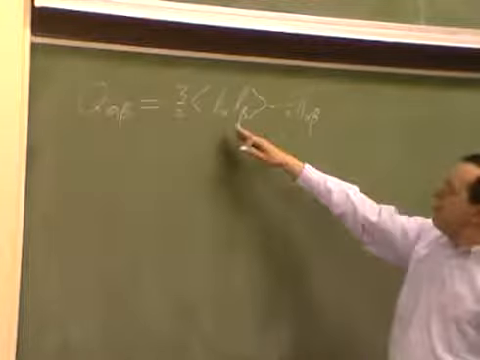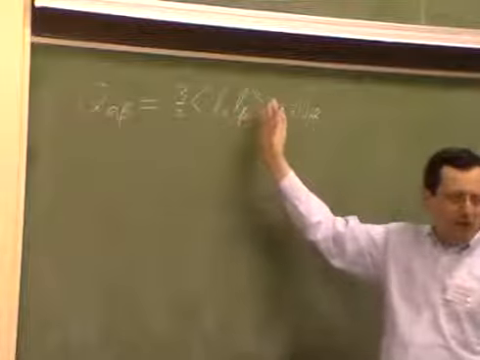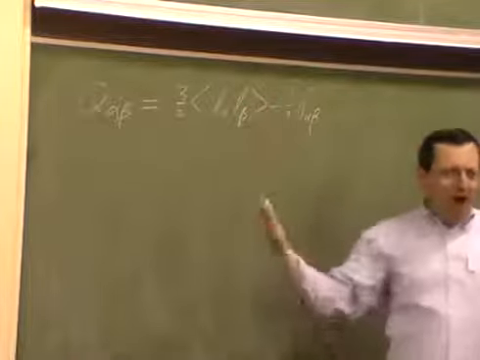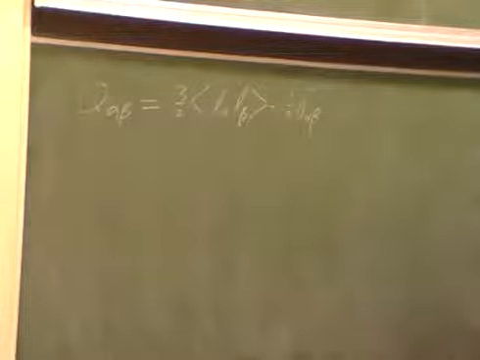And now you say, well, the L alpha L beta for which molecule? Well, all the molecules, they're all the same. So it works for molecule i or molecule j or whatever molecule.